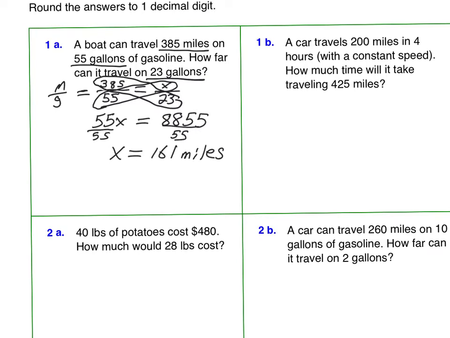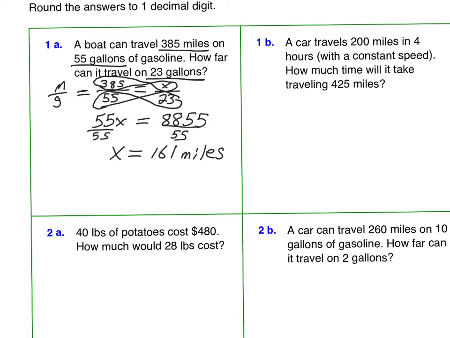Okay, now that's not your unit rate. Okay, your unit rate is per 1 gallon. So in order to find your unit rate, you'd simply take 385 and divide it by 55. All right, but what we're finding here is how far can we travel? It uses the unit rate, okay? Without us knowing it, it's using the unit rate. If I take 161 and divide it by 23, I get 7.